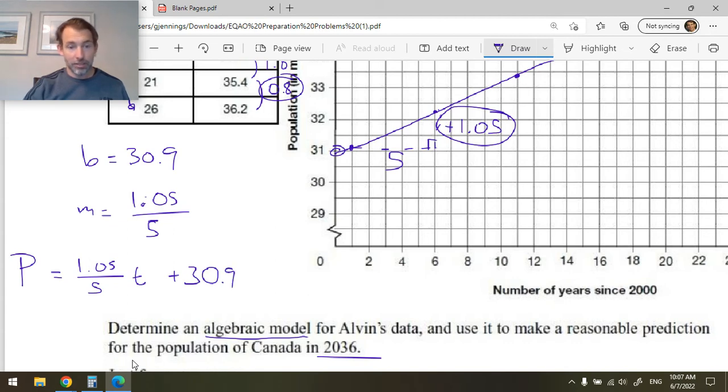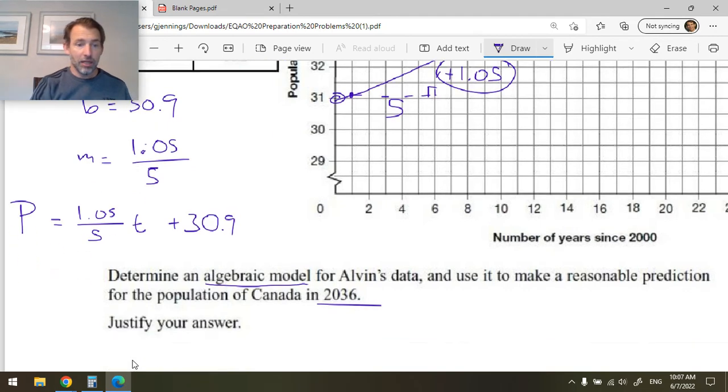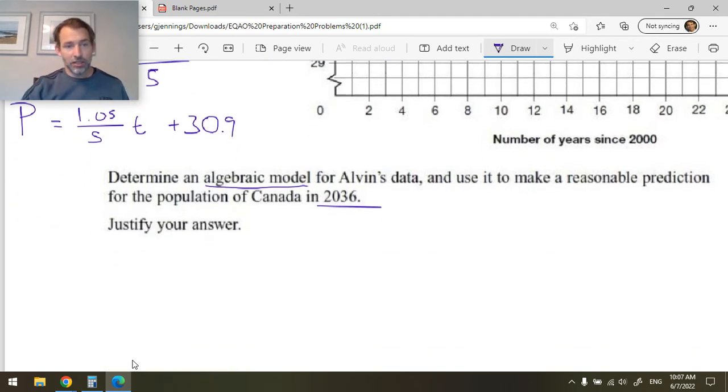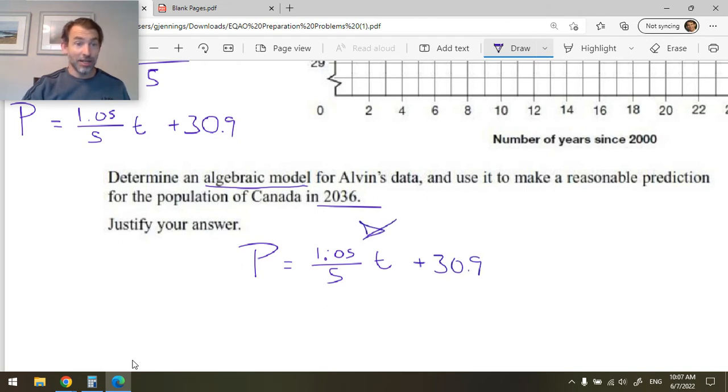Okay, this is in millions. All right, and then we just input for T. P equals 1.05 divided by 5 multiplied by T plus 30.9. This is a spot I should really get a decimal approximation because I'm mixing decimals and fractions, and it's ugly. Or I can multiply by 100 and drive people crazy.